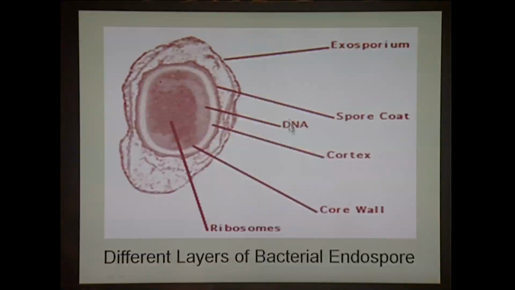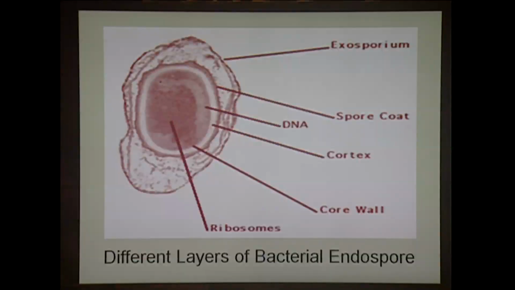Finally, after the exosporium there is the spore coat, and this spore coat is also formed of hydrophobic amino acids which protect the cell wall from other invasion, and this particular spore coat is also protecting the bacterial endospore from lysozyme action.